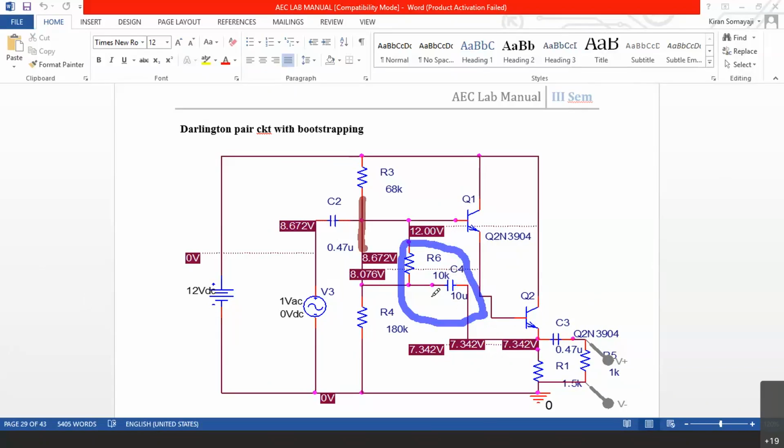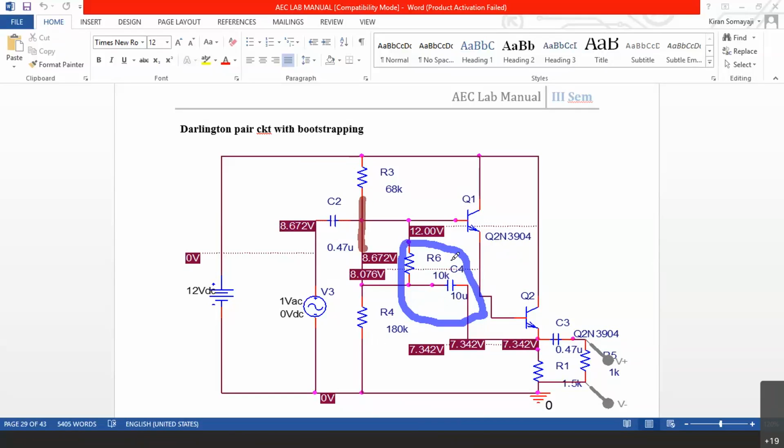The 10 microfarad is connected to the junction of this 10K, 68K and 180K. 68K and 180K are the biasing resistors to the Darlington circuit or the emitter follower circuit. But this 10K, or R6, is an addition, and the 10 microfarad series capacitance is an addition. Now this circuit is called a bootstrapping circuit.